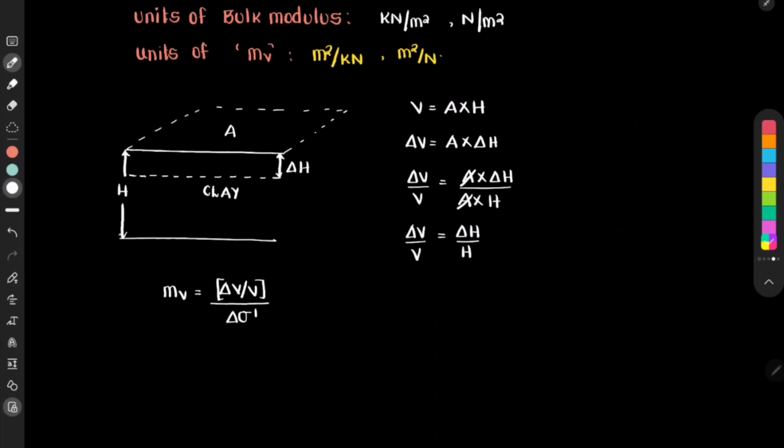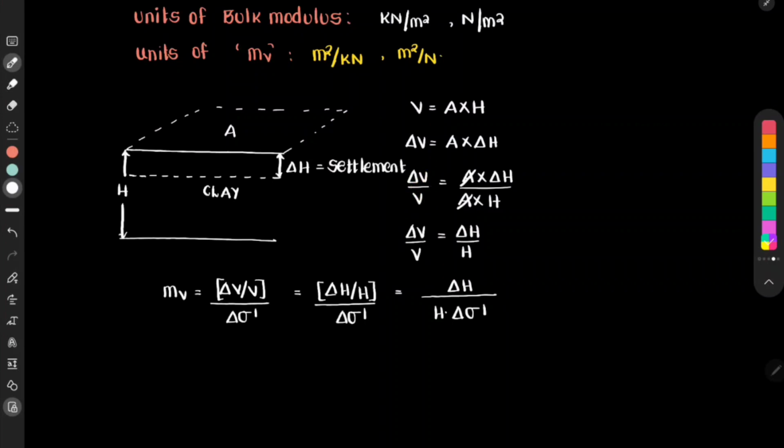In the place of delta V by V, we can write delta H by H, divided by delta sigma dash. So we can further write it as delta H by H times delta sigma dash. So what is delta H? Delta H is nothing but the settlement, right?